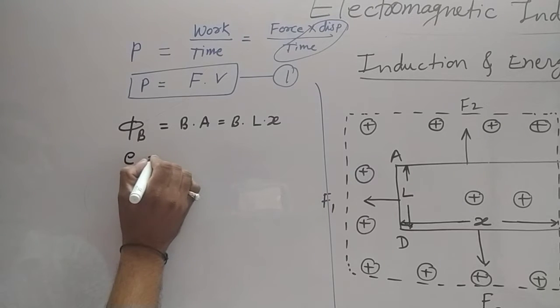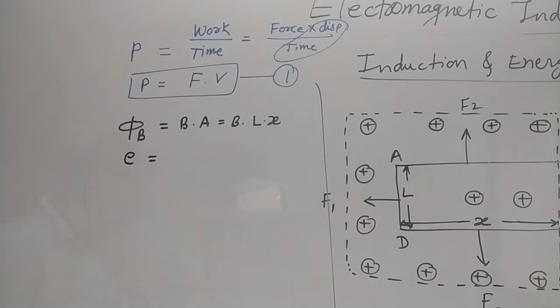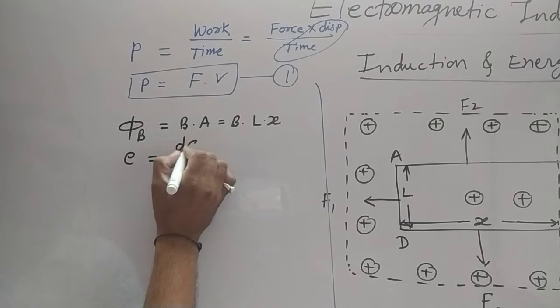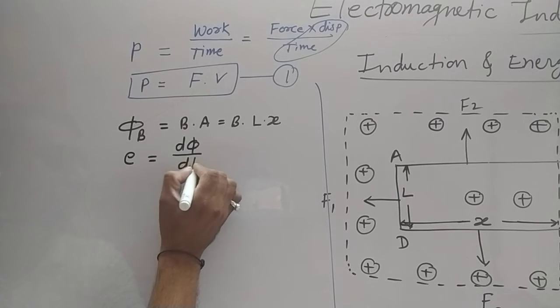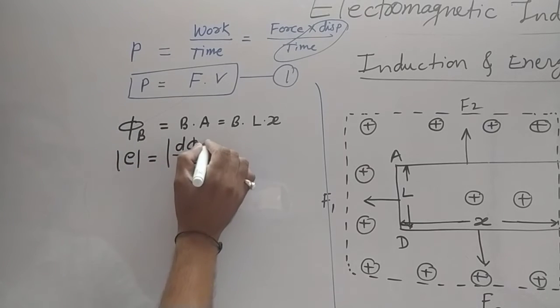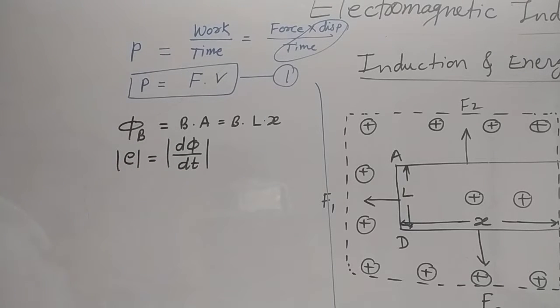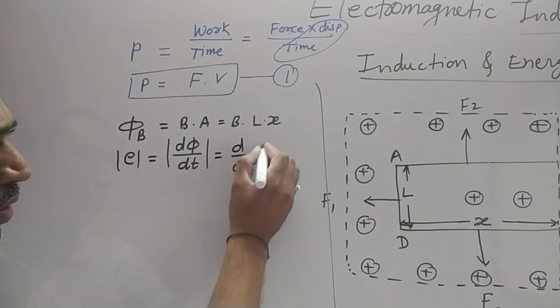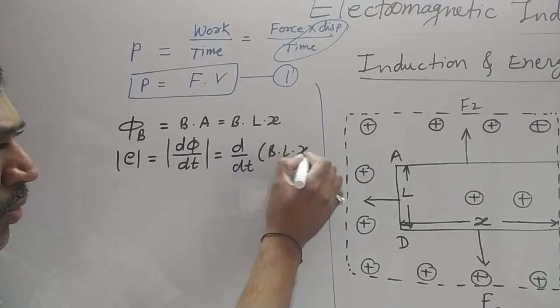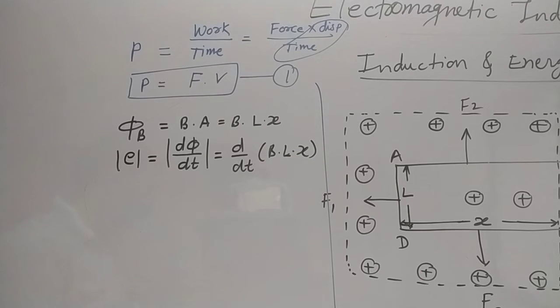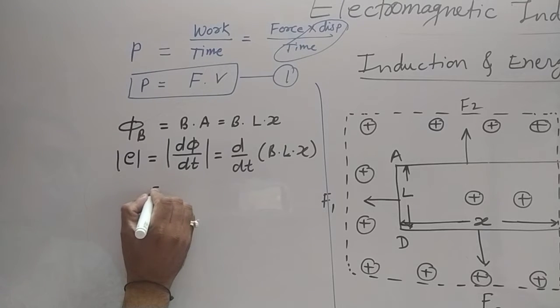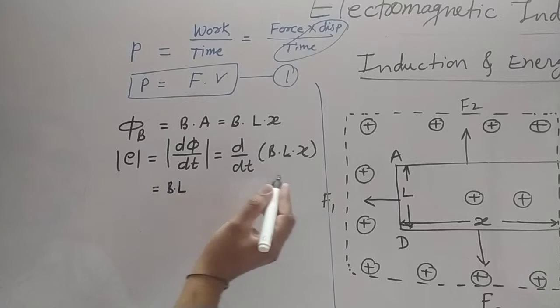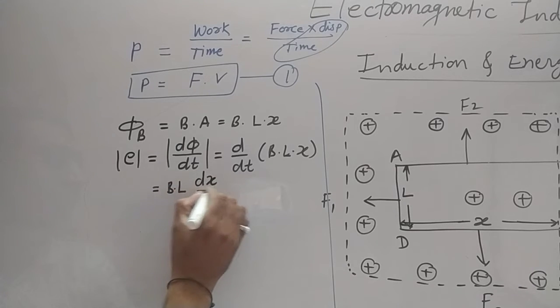According to Faraday's law, the EMF induced in the coil, small e, equals minus d phi by dt. To avoid the minus sign, we take the modulus: mod of E equals d phi by dt, in magnitude. Now put the value of phi B here: d by dt of B into L into X. B and L are constant, so take them outside: E equals B L dx by dt.